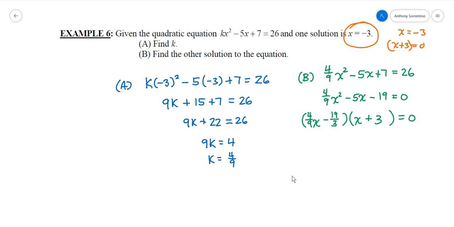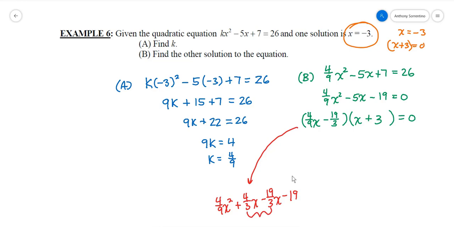And the thing I would want to do with this is make sure, well, if I FOIL this out, will I get the 4/9 x squared minus 5x minus 19? So if I FOIL this out, I'm going to have 4/9 x squared plus 4/3, since 4/9 times 3 is 4/3, x minus 19/3 x, and of course the minus 19/3 times 3 is going to give me a minus 19.